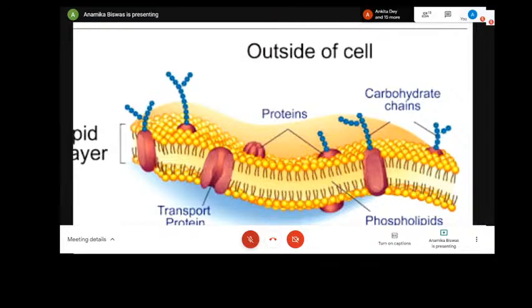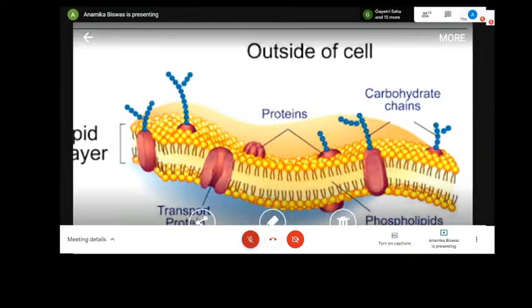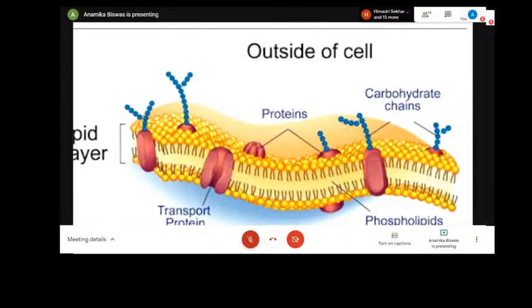These are called integral proteins. And another type of proteins is called peripheral proteins. Peripheral proteins have weaker association and they are bound to lipids of membrane by electrostatic interaction.